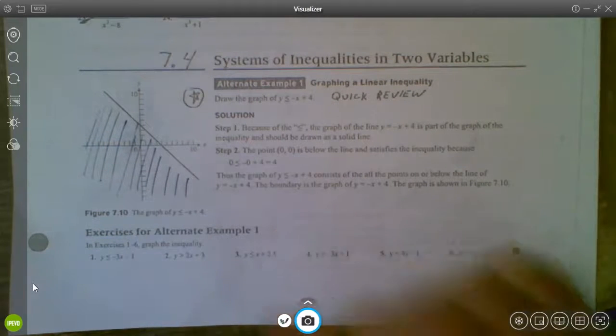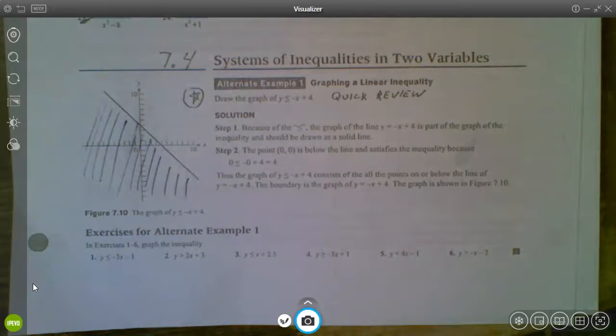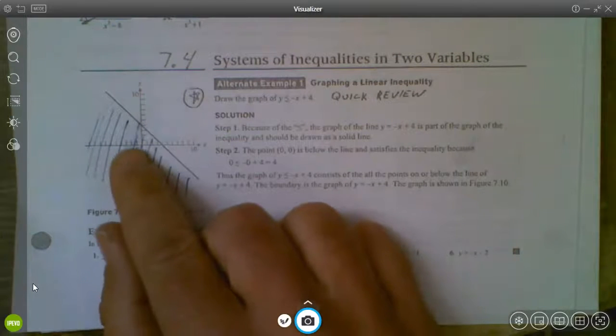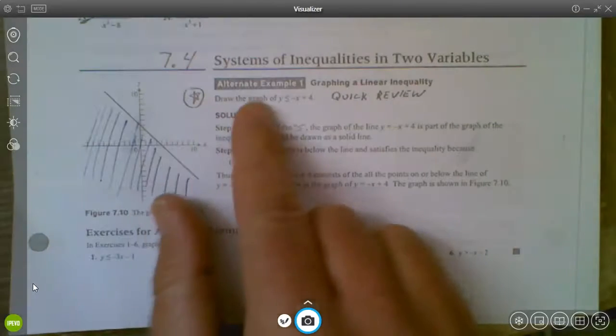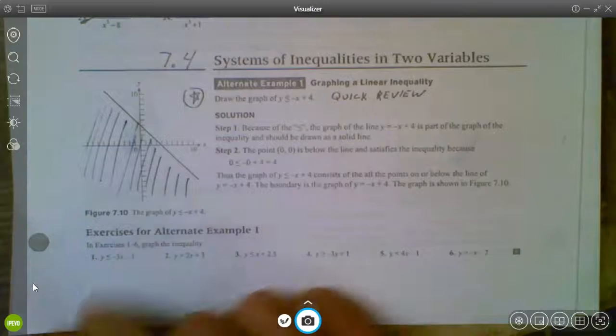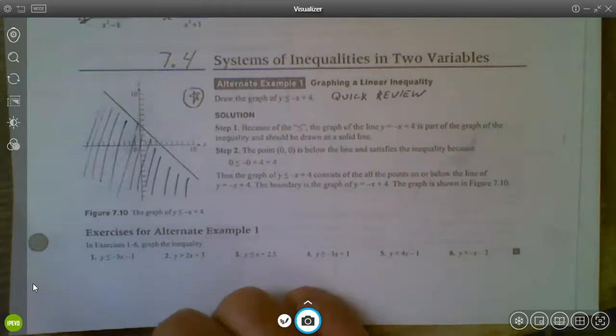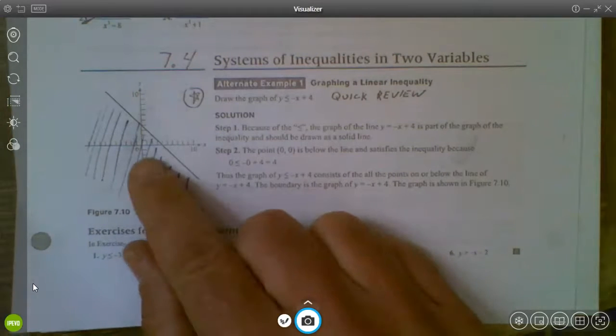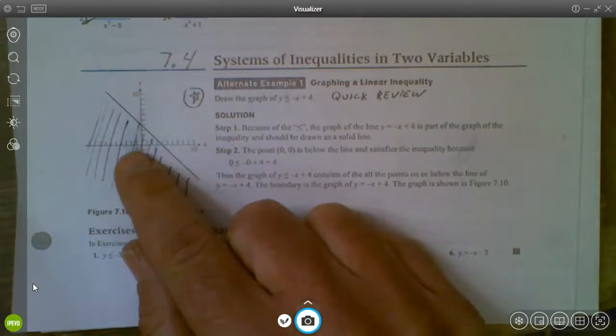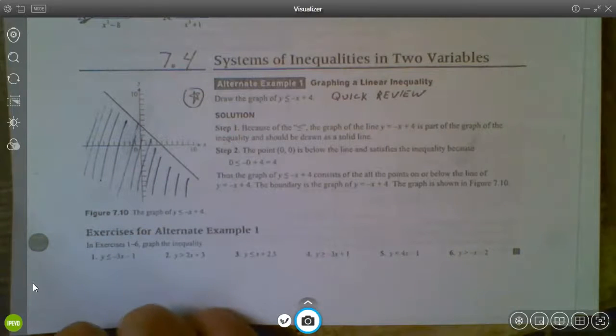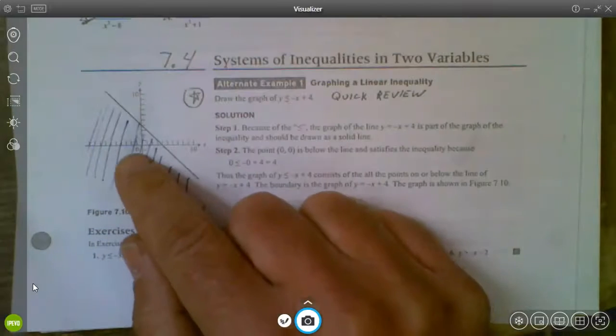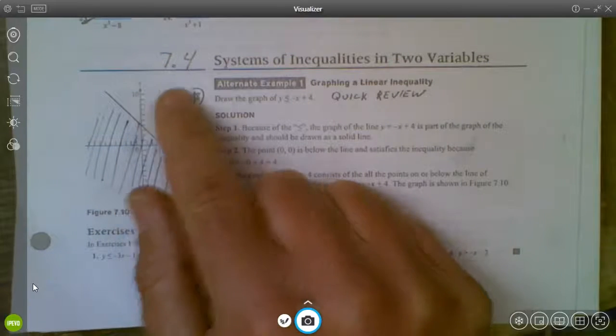The other way you can figure out the shading is by picking a point, such as (0, 0), plugging it in for x and y, and then determining whether the statement is true or false. If it's true, then the point that you picked should be in your shaded area. If it was false, that means the point that you picked is not in your shaded area, and you would shade the other side.